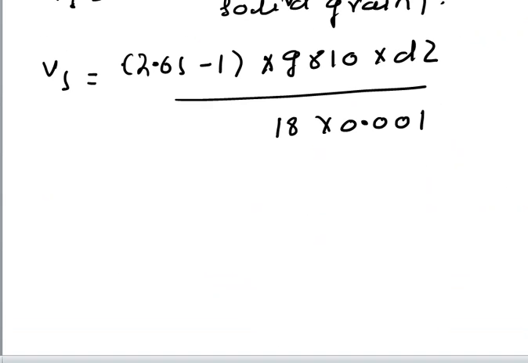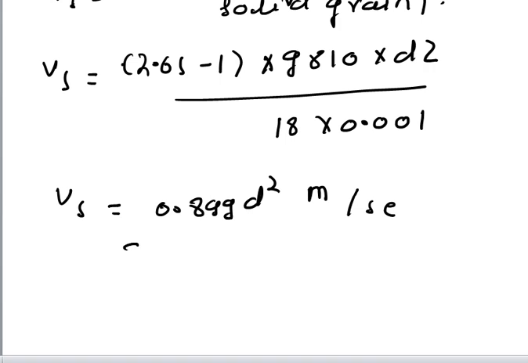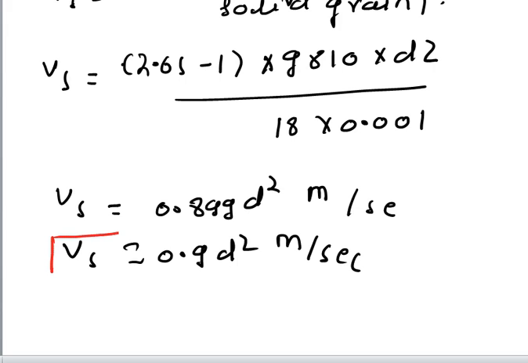Now if you simplify this equation, you will get a final result approximately equal to 0.899 D square meter per second, or finally it can be written as 0.9 D square meter per second. This is settling velocity Vs, valid under Stokes law. It is only for Stokes law applicability.